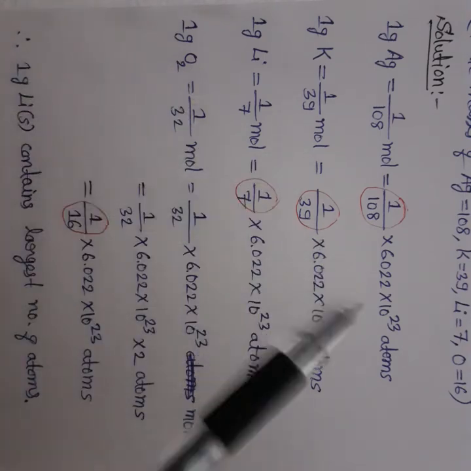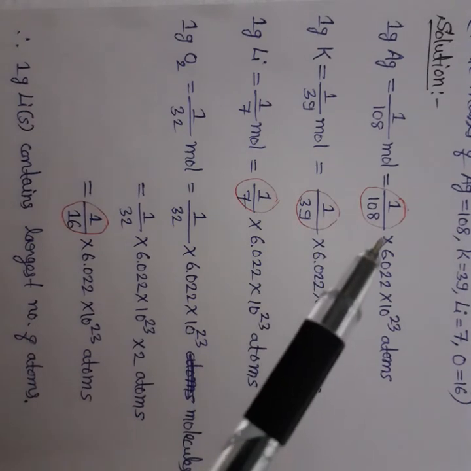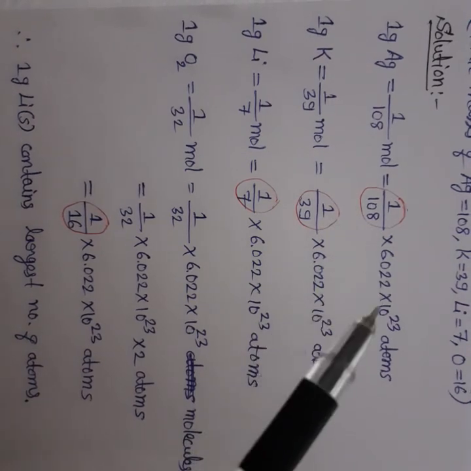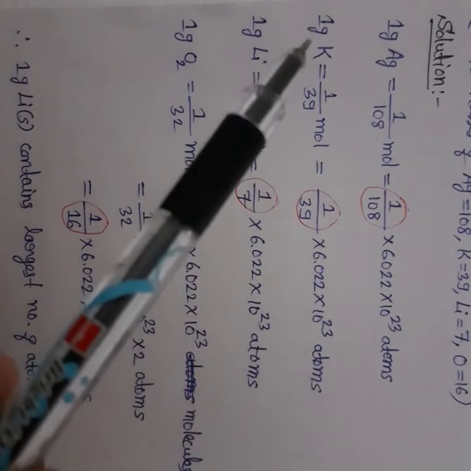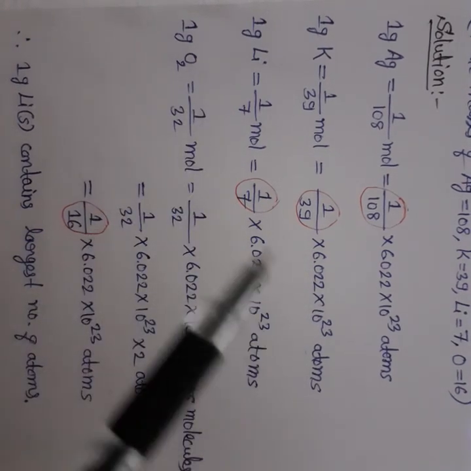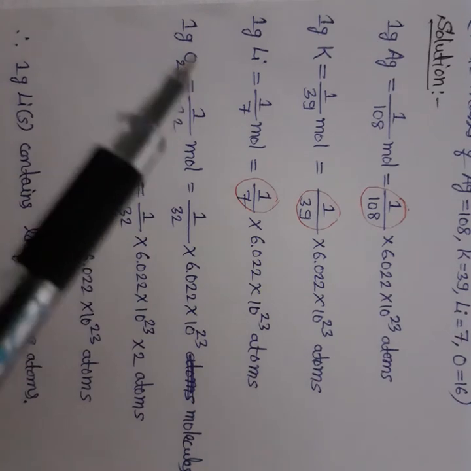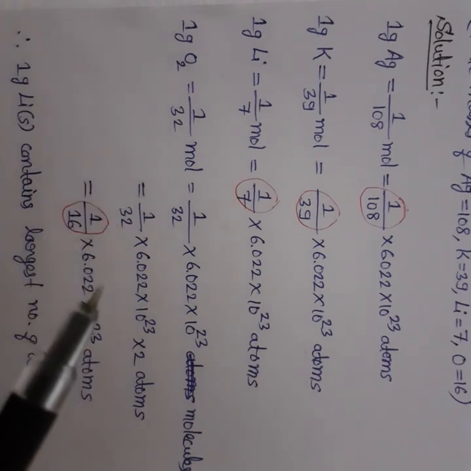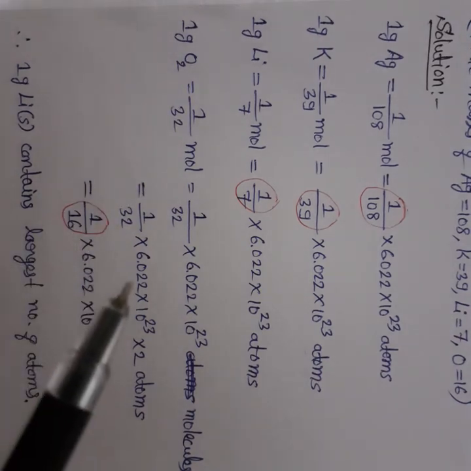You can see here 1 gram of silver contains this many atoms, 1 gram of potassium this many atoms, 1 gram of lithium this many atoms, 1 gram of oxygen this many atoms. But which contains the largest number of atoms?